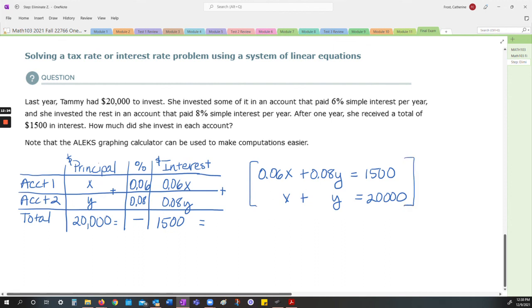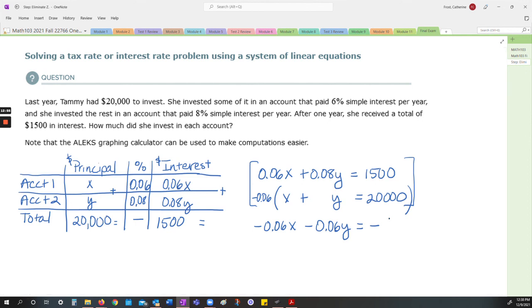So maybe since we just did that previous one with substitution, I'll do elimination on this one. I'm going to multiply through on this second equation by negative 0.06. I may decide that I wish I had done substitution, but that's okay. We'll see what happens. If I do that, I'll have negative 0.06X minus 0.06Y equals, let's see, 20,000 times 0.06, so negative 1,200.